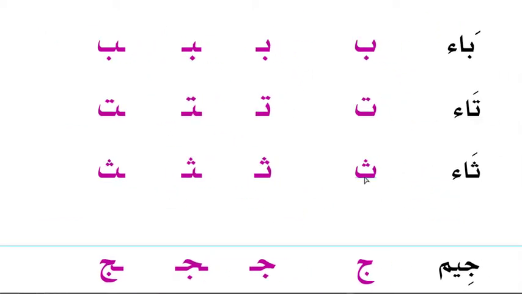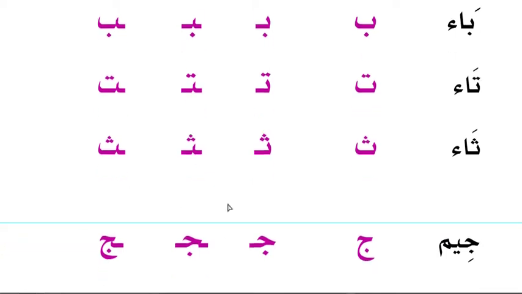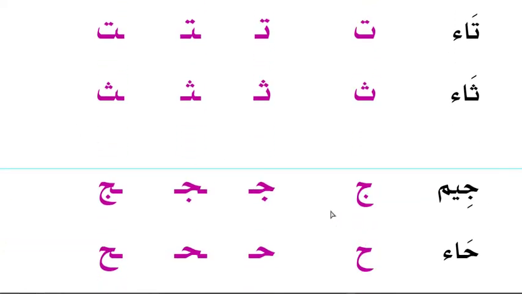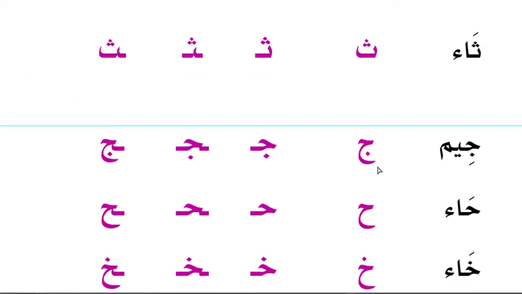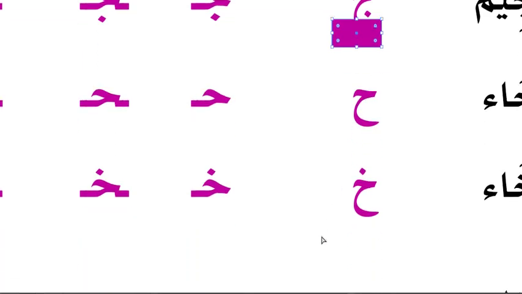And this applies to all letters, as you can see here. Tha, see, all the letters. Here let's go also to jim, also the same, but in jim this is the ending of the letter. We just cut the ending, and because here we have this, we just made it straight, as you can see.